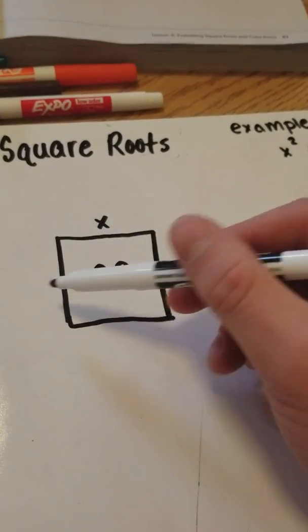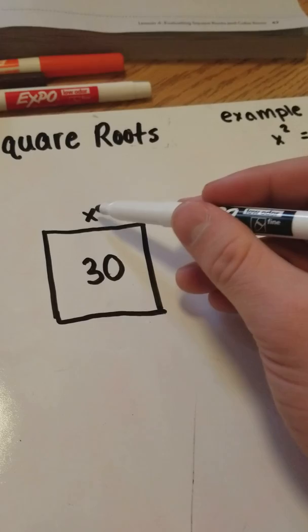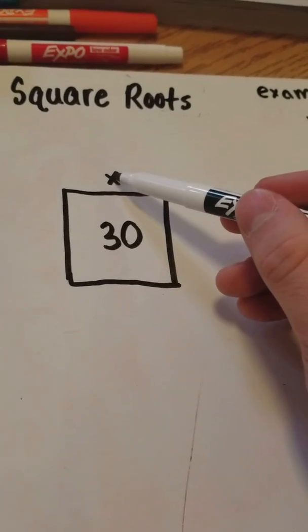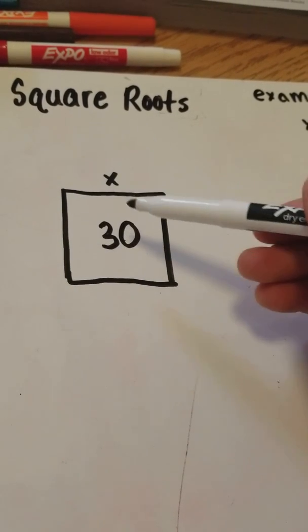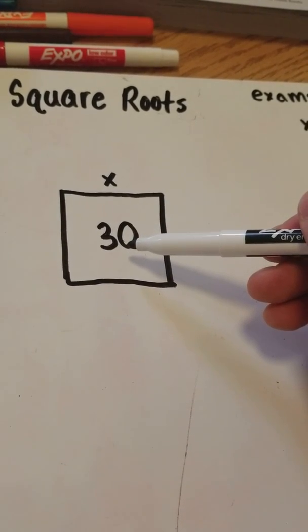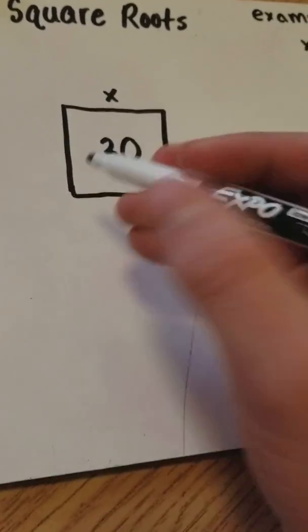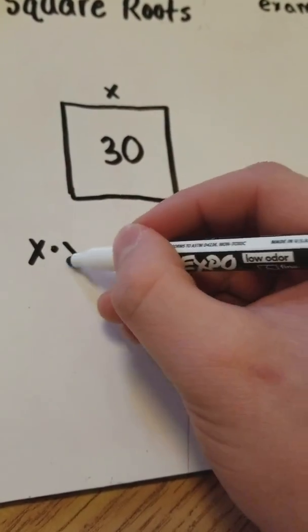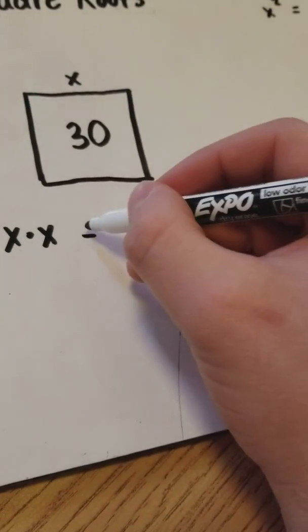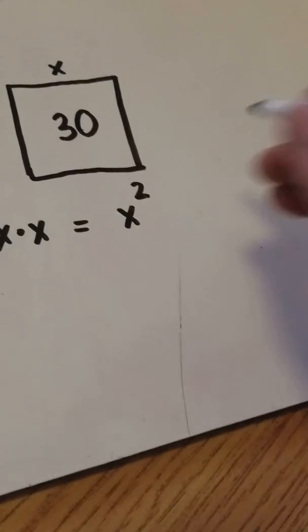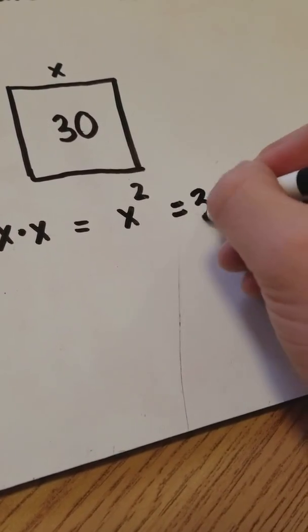And this is a square, so each of the side lengths are going to be the same. So I wanted to know what x is. Well, I know that x times x is going to give me 30, right? And I know that multiplying the same thing twice, we can write it like this, x times x, or we can write it like x squared, right? So we know that x squared equals 30.